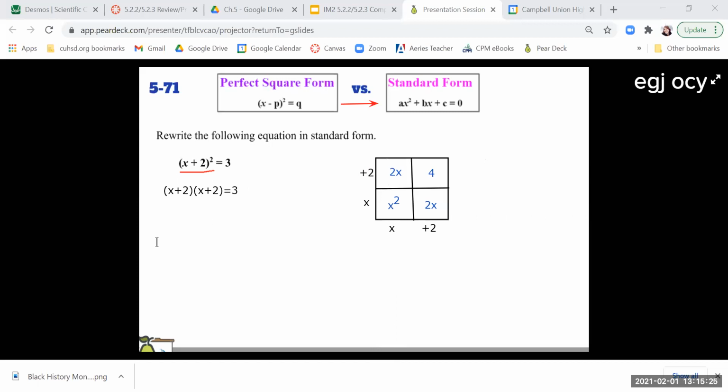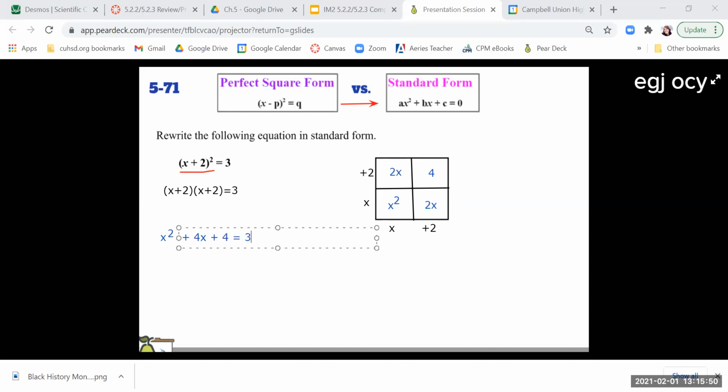So now I can rewrite my equation with all of the stuff inside the boxes added together. So an x squared plus, now I have 2x and 2x, which makes 4x, plus 4, that's the constant in there.